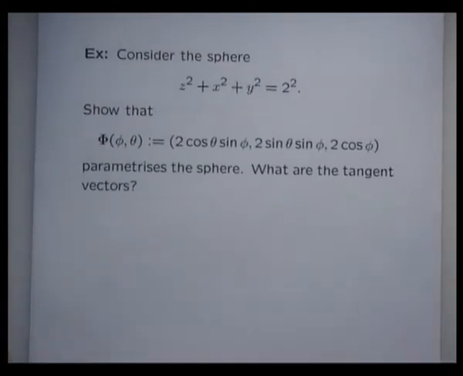All right, here's another simple example. Consider the sphere. Show that this particular vector function parameterizes the sphere. And what are the tangent vectors? Now, I'm not going to bore you with actually verifying that.